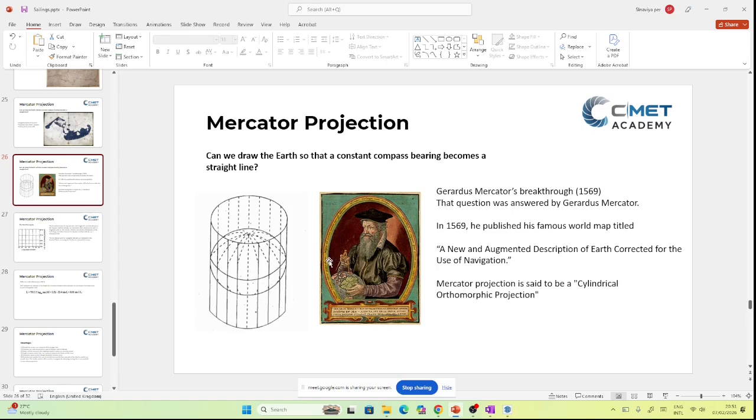Are we clear, guys? Okay, so this is called the Mercator projection, right?